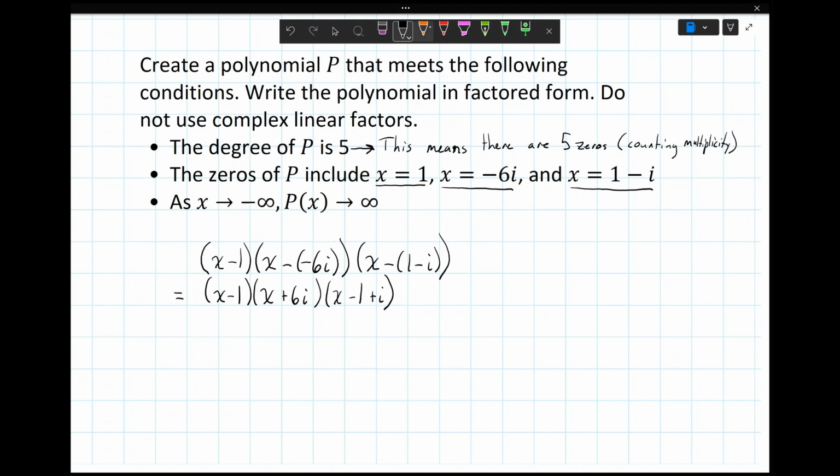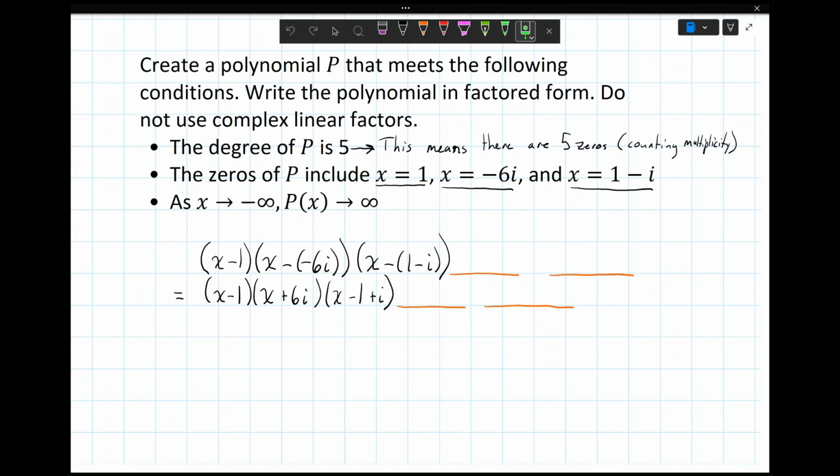Now, the problem is since this is degree 5, we're missing 2 factors. And the question is, what are those 2 factors? At first glance, it seems like they can be whatever we want. However, there's this condition that says we do not want complex linear factors. That means we need to somehow get rid of the i's in here.